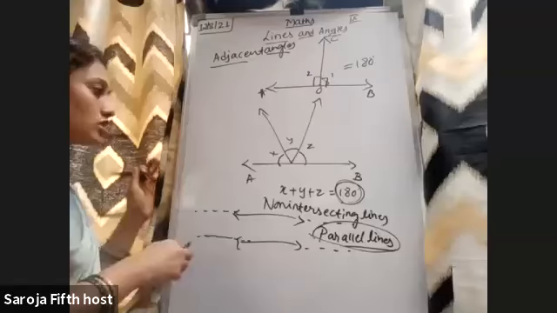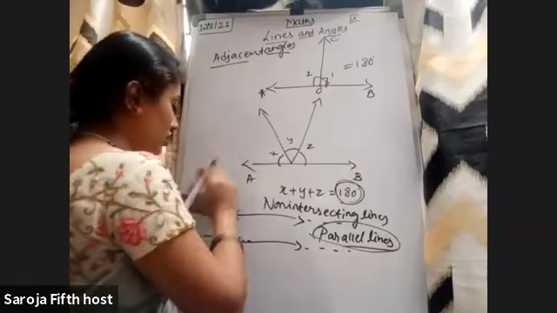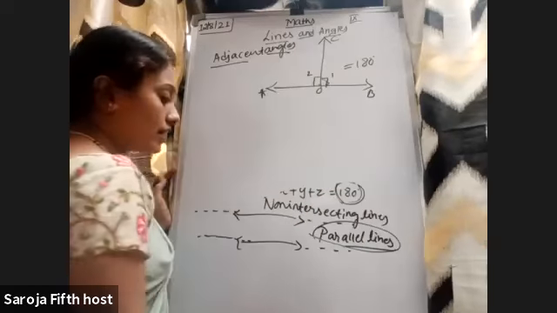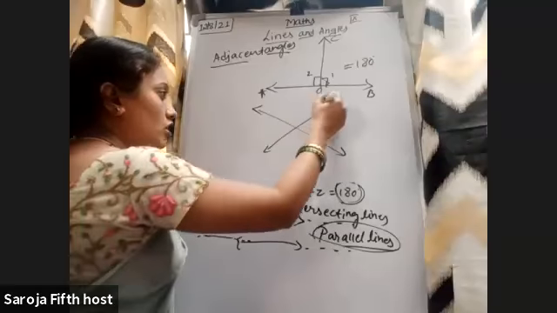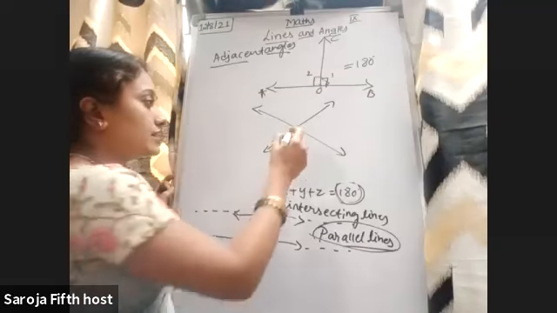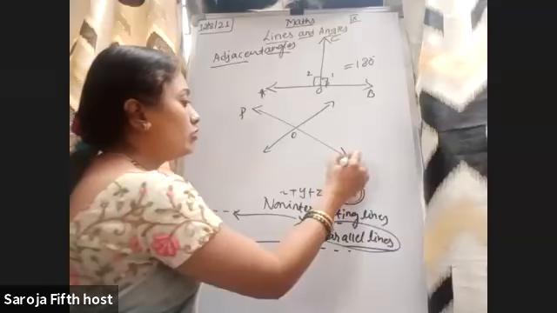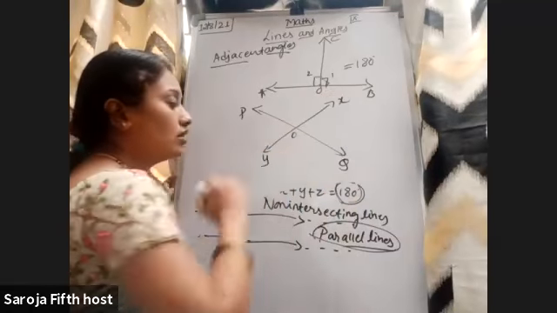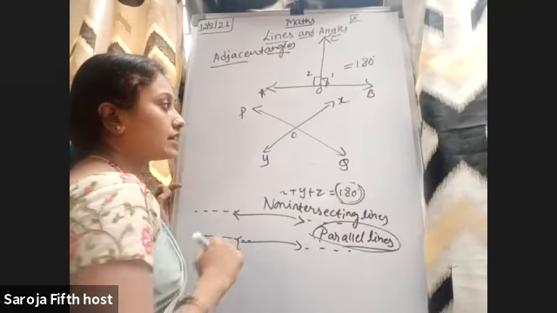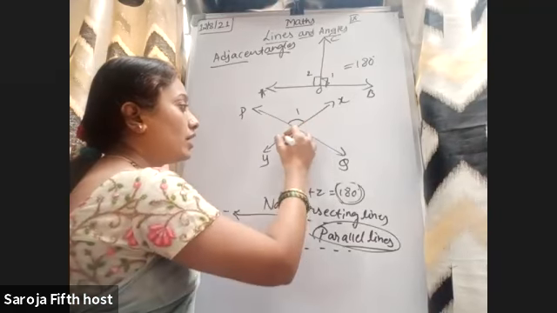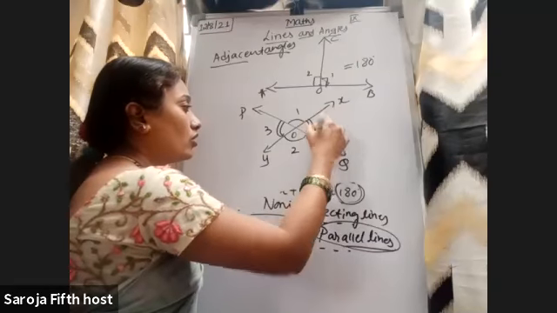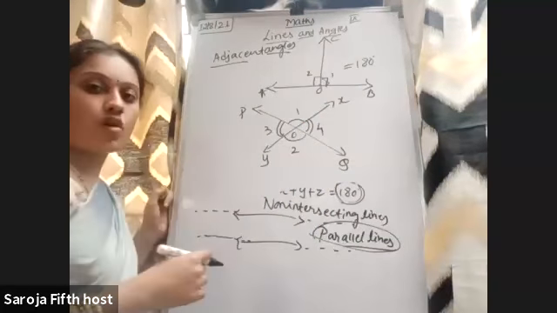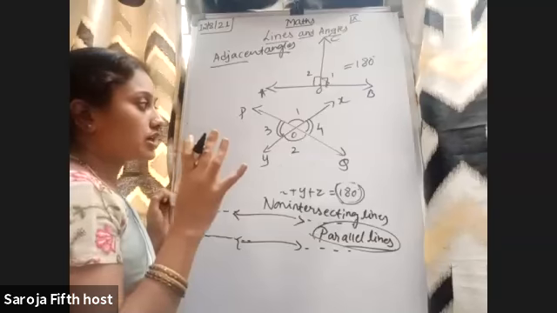Vertically opposite angles: when two straight lines intersect each other, you get vertically opposite angles. These are also called intersecting lines. PQ and XY are straight lines which are intersecting. Here angle 1, angle 2, angle 3 and angle 4 are the four angles formed due to the intersection of two straight lines.